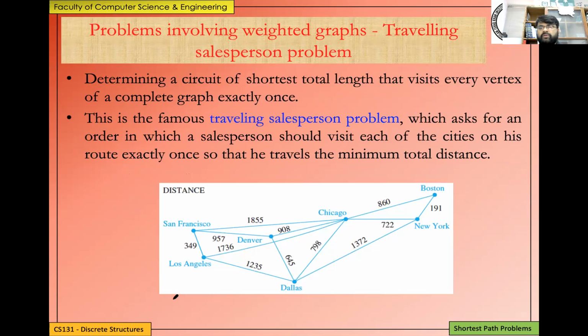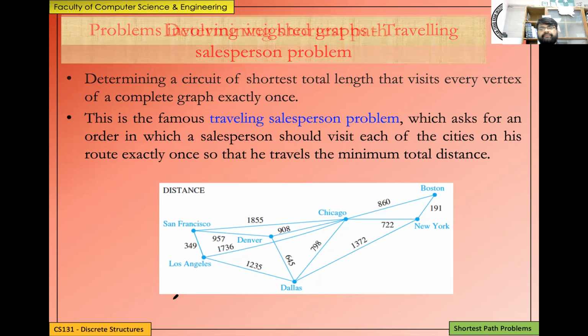So this is what we call the traveling salesperson problem, which asks for an order in which a salesperson should visit each of the cities on his route exactly once, so that he travels the minimum total distance. In this case, we want to minimize the total distance that is traveled, and that is done through using the traveling salesperson problem.